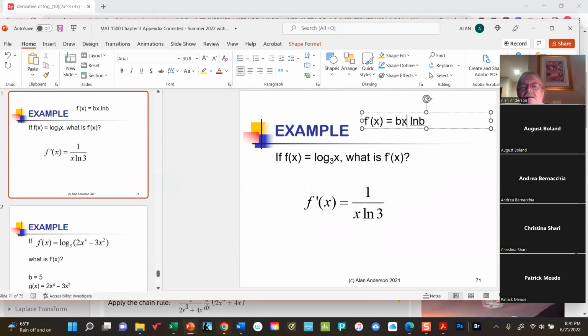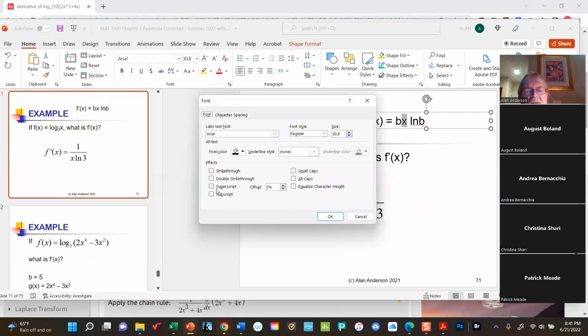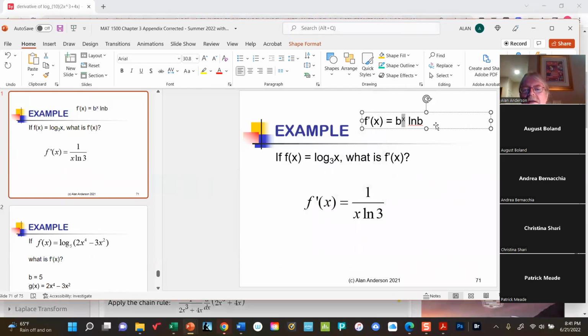Oh, I forgot. It always does that. Whenever you change the font, it somehow messes up the exponents. All right, there we go.